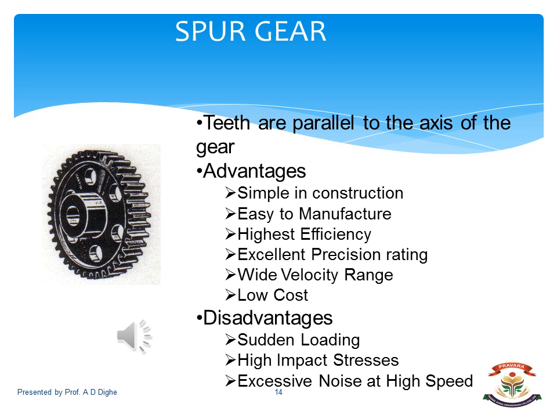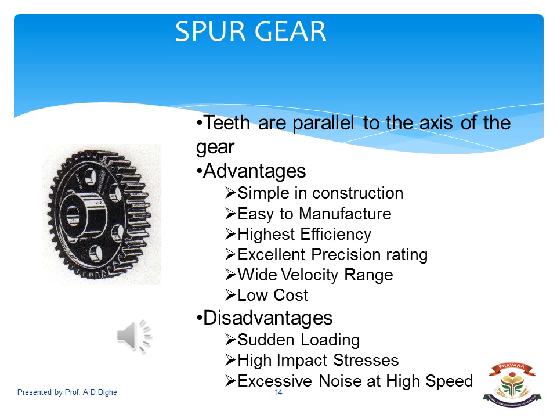It has the highest efficiency, up to 99%. Then it has an excellent precision rating. Next, a wide velocity range is there. With the help of a single spur gear pair we can reduce the velocity ratio up to 6:1.